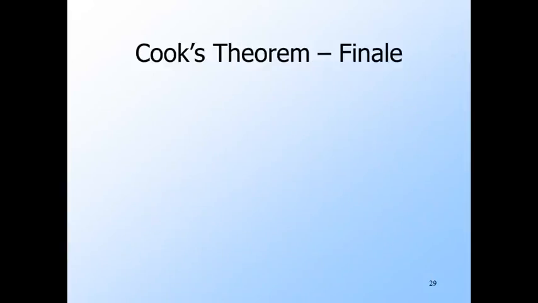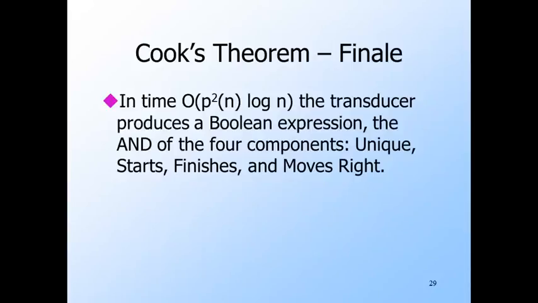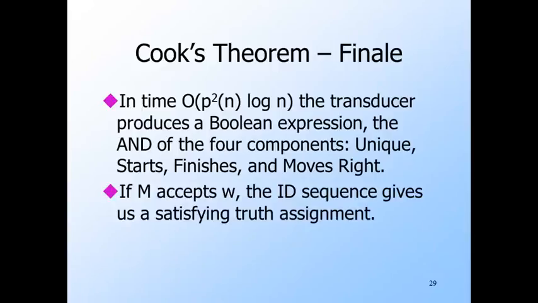So, to sum up the proof of Cook's theorem, it takes time less than order p cubed of n for the transducer to output the Boolean expression that is the AND of the 4 key components: unique, starts right, finishes right, and moves right. We claim that this transduction really is a polytime reduction of the language of M to the language SAT. First, if M accepts w, then there is some ID sequence that leads to acceptance.